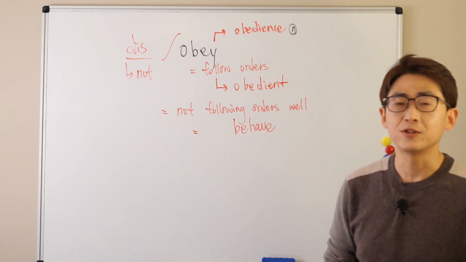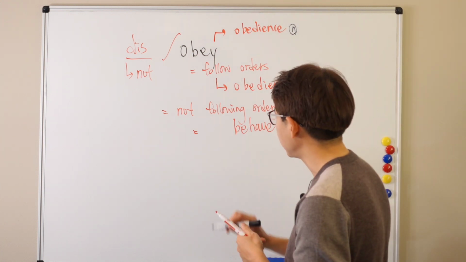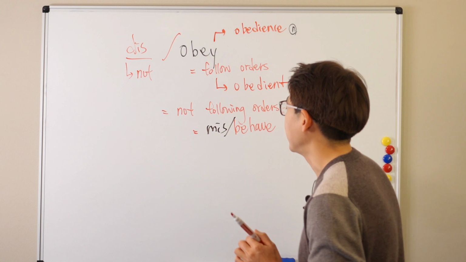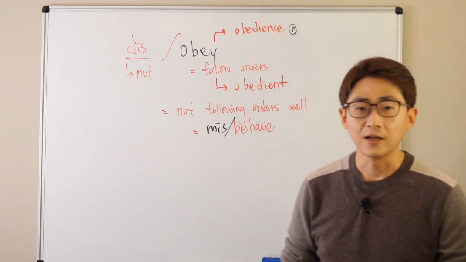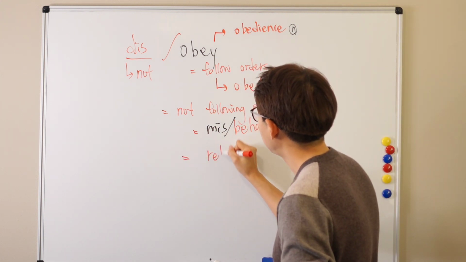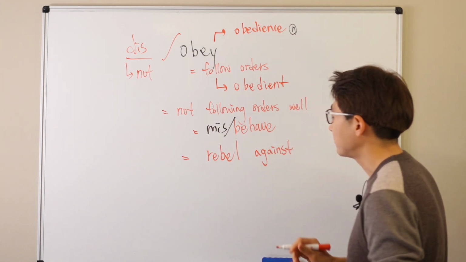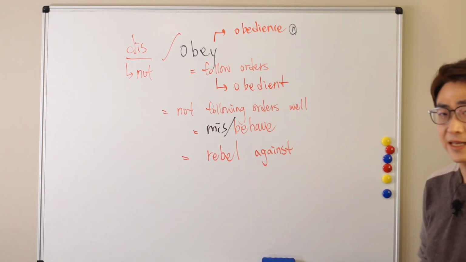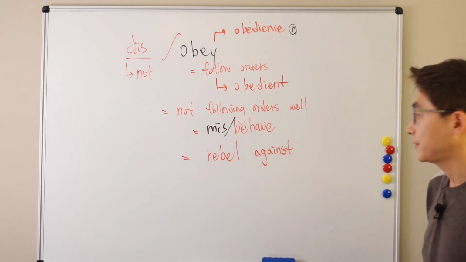So as a child, you need to behave in the right way. However, if you're not doing that, then you are misbehaving. It's another synonym of that. And we can also say rebel against, or act against. So these are the synonyms of the word disobey.